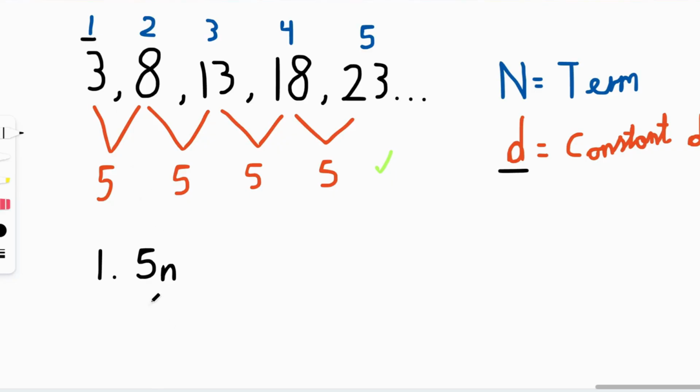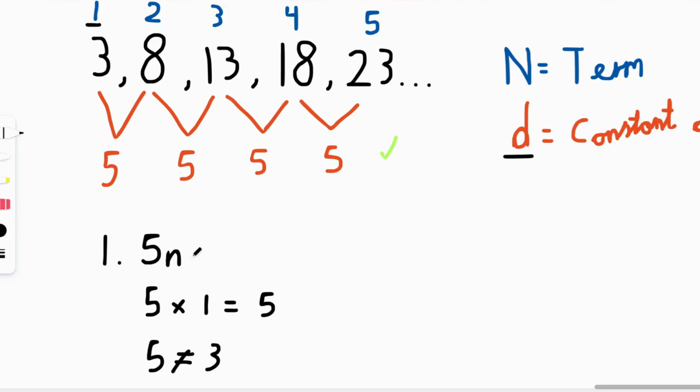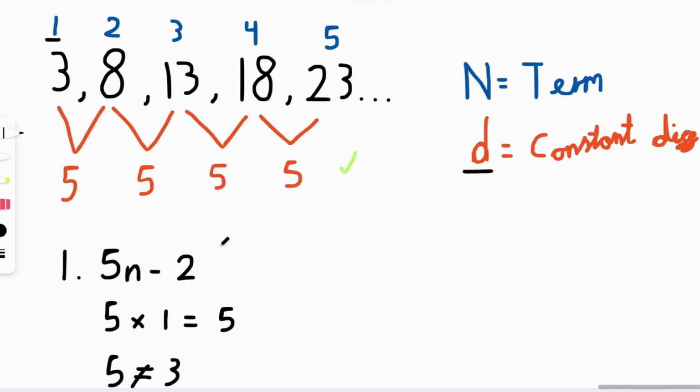So 5 times 1, that is 5. Okay, but our first term is equal to 3, right? And 5 is not equal to 3, obviously. And they should match. So then we simply add -2. Whatever we need to change, plus, minus, for it to equal the term that we're substituting in. And we'll check later that this rule works for every term in the sequence.